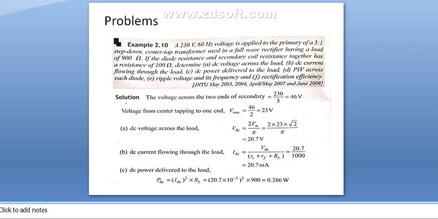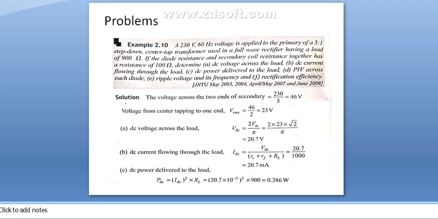See here, first calculate the voltage across the secondary, the voltage across the two ends of the secondary, that is equal to 230 by 5. Here the step down transformer's turns ratio is 5:1.